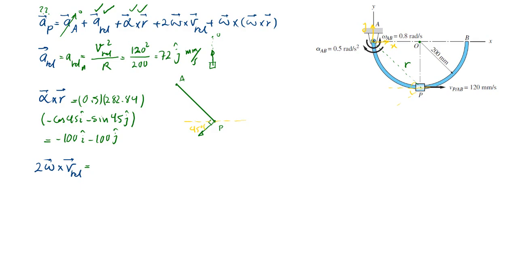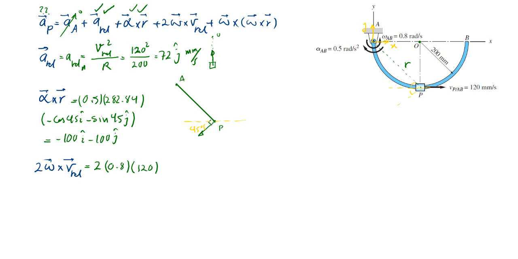The magnitude we know: 2 times omega, we're given 0.8, times V relative, which we're also given as 120, the velocity of collar P with respect to point A. And the direction? 2 omega cross V relative is always perpendicular to V relative, as we discussed when introducing the terms.